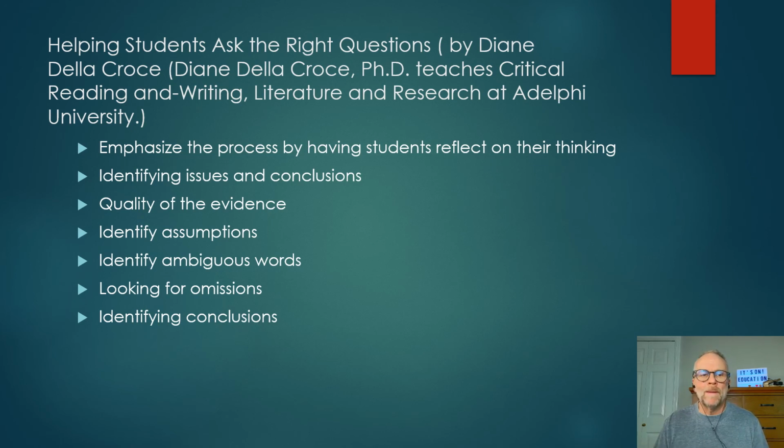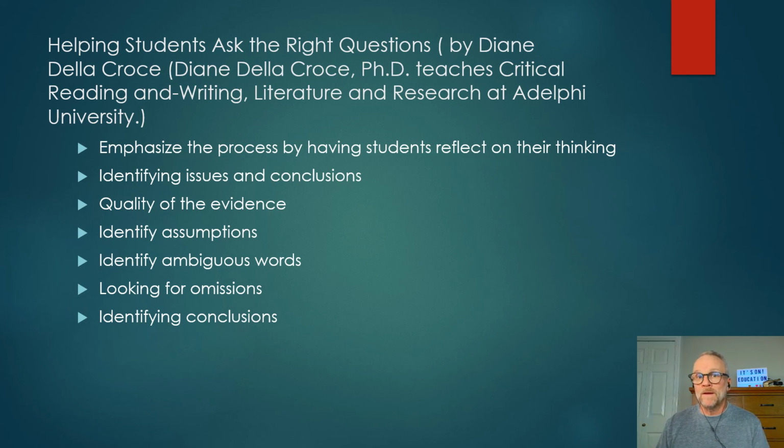So things like that. Identify issues and conclusions, okay? Quality of the evidence, okay? So looking at, does this come from a double-blind study? Does it come from a peer-reviewed journal? Identify assumptions. Maybe there are things that the product or the point of view is assuming, that you are a person within a certain age group. Will this product help them?